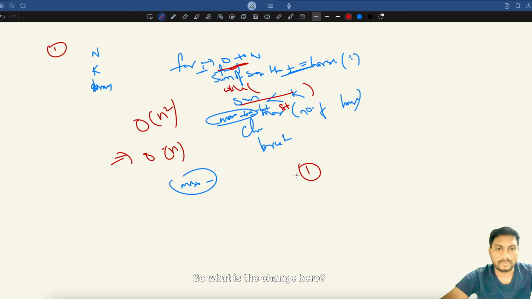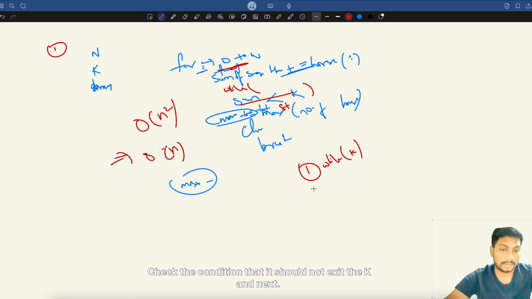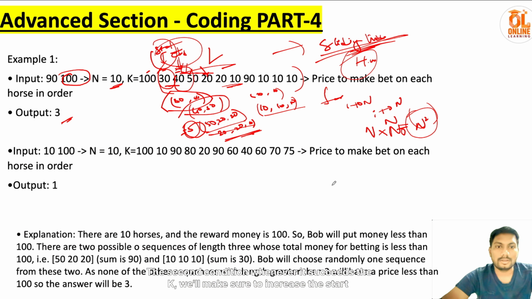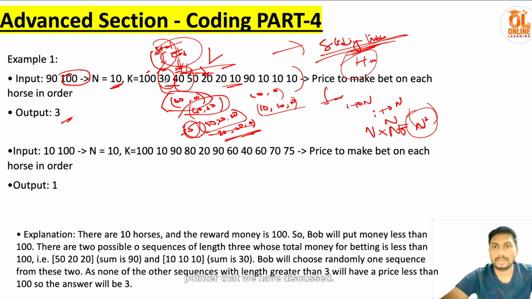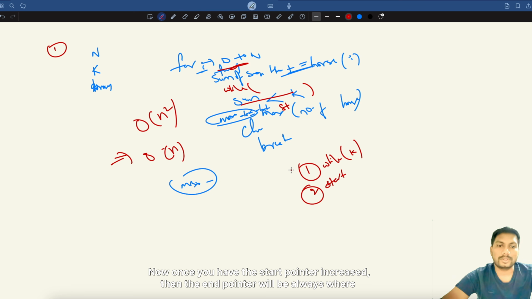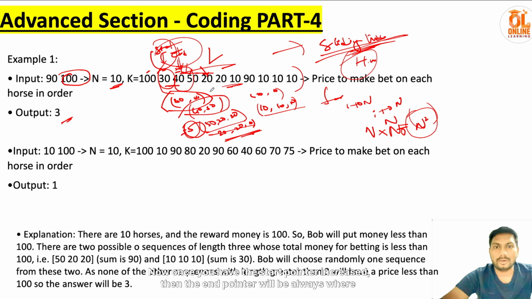So what is the change here? We'll introduce a while loop, check the condition that it should not exceed the k, and next the second condition, whenever it exceeds the k, we'll make sure to increase the start pointer that we have discussed. Now once we have the start pointer increased, then the end pointer will be, start and end, we'll keep the 2 pointers, and based on how the traversal is going, we'll keep on moving the end pointer and start pointer.